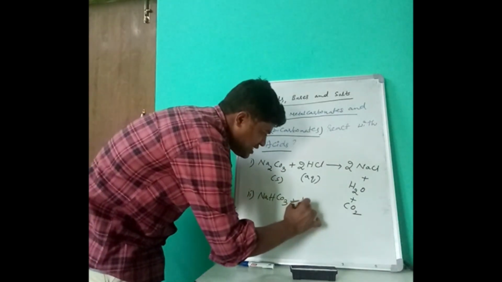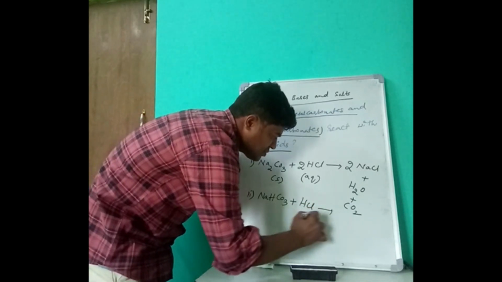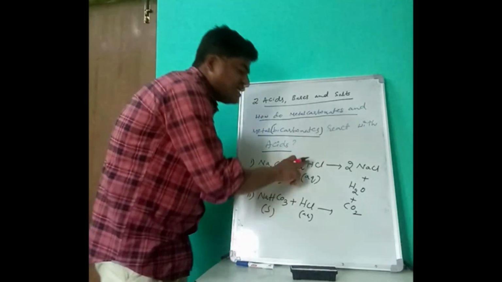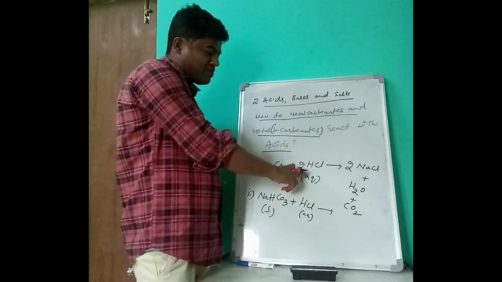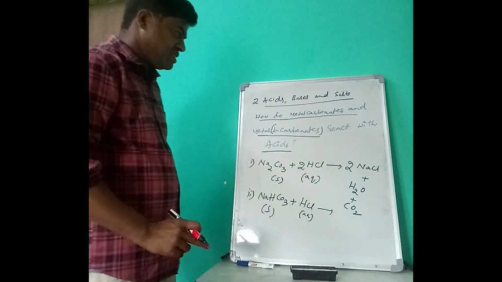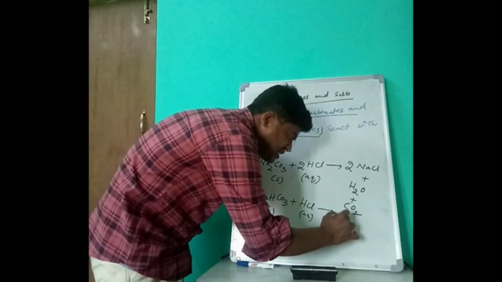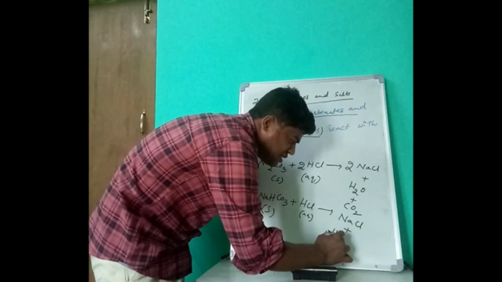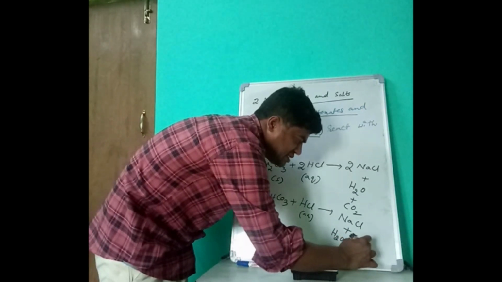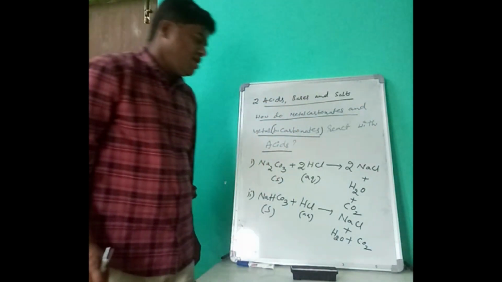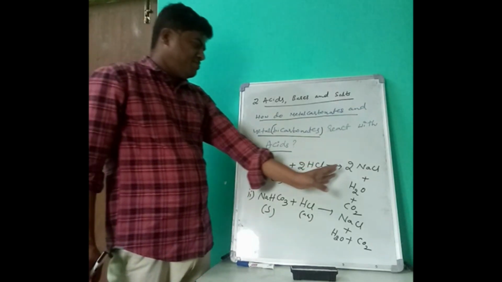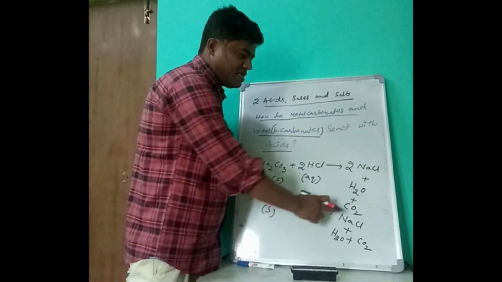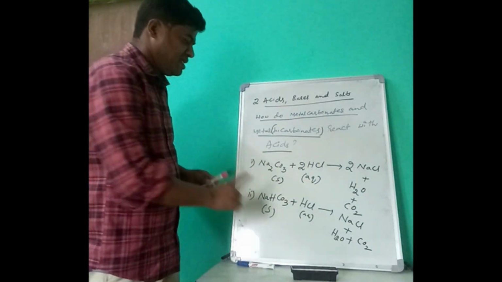It reacts with aqueous HCl. HCl is a gas dissolved in water, that's why it is written as aqueous. Here you get the same products as in the above reaction: NaCl, water plus carbon dioxide gas. You get salt, water, and carbon dioxide gas.